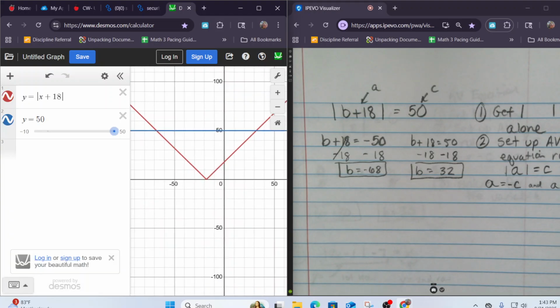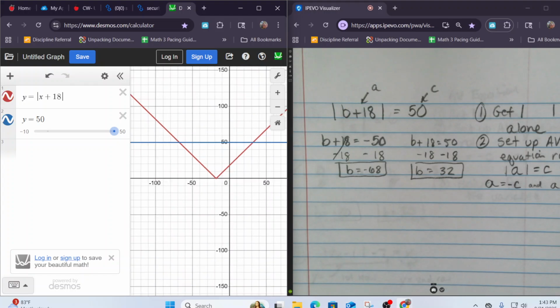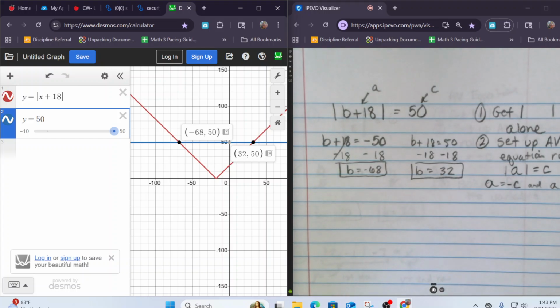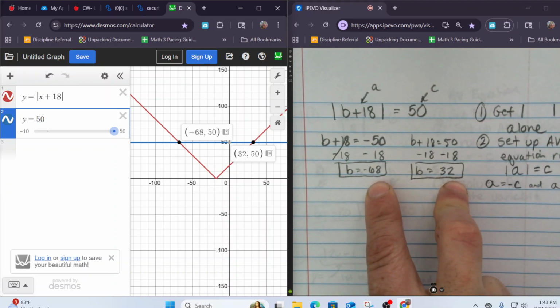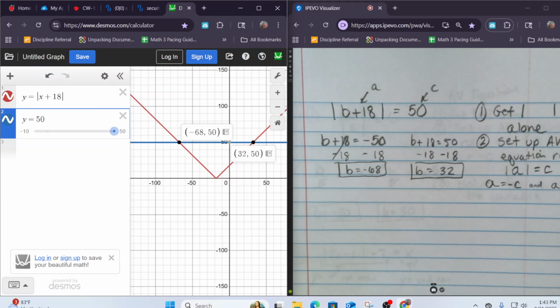Zoom out till you see, in this case, a blue straight line and a red absolute value. Okay, so if the X values are what you have, then you got it right. That's full credit. But I would check it, okay?